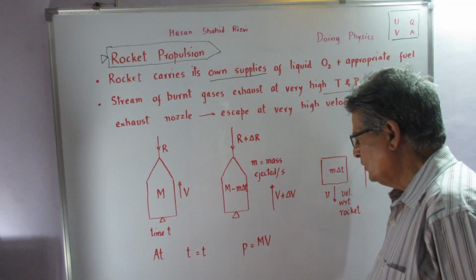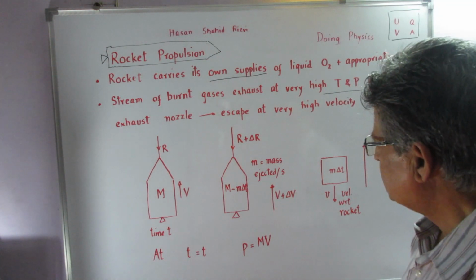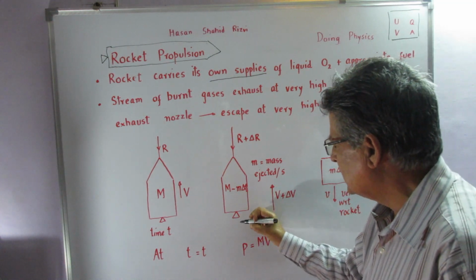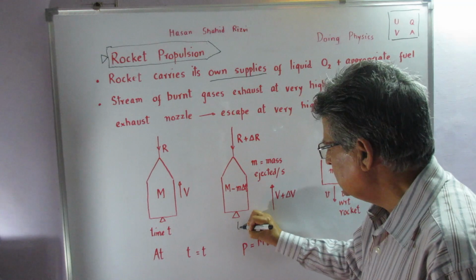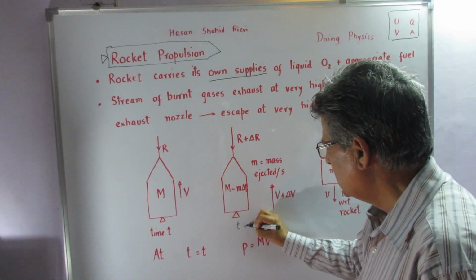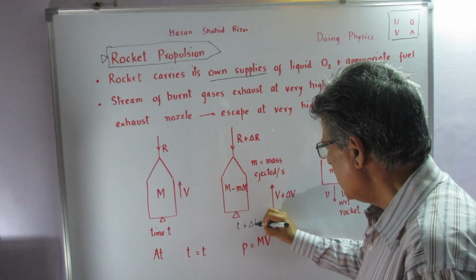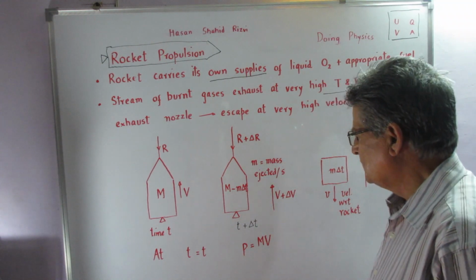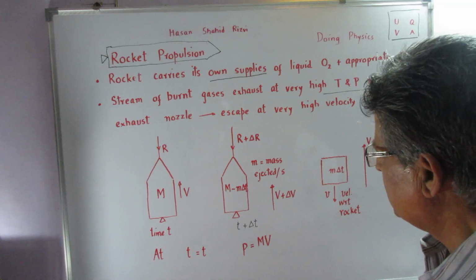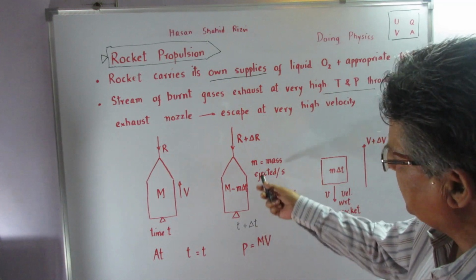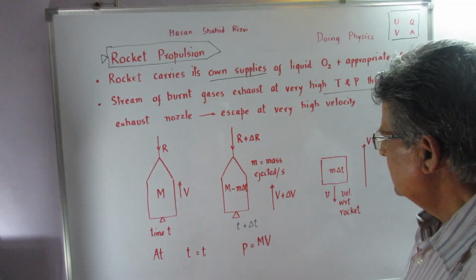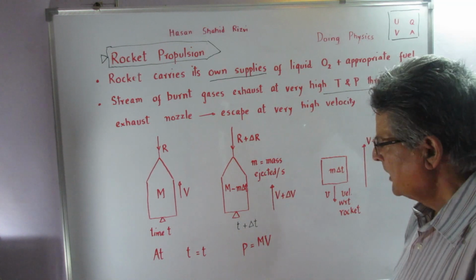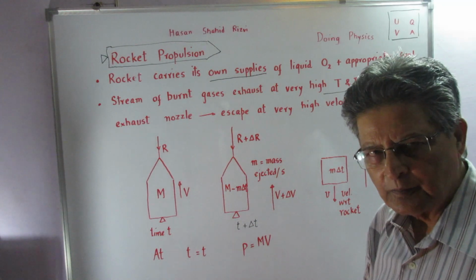Which I have shown to you here, that the time is t plus delta t. Of course the delta t can be very small, as we will see. What happens is, when the system is operating, a mass, a small m, is ejected per second.